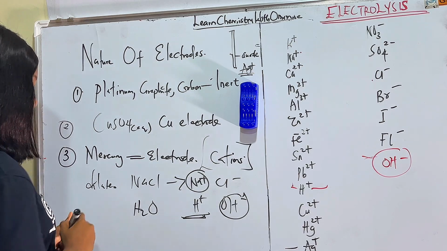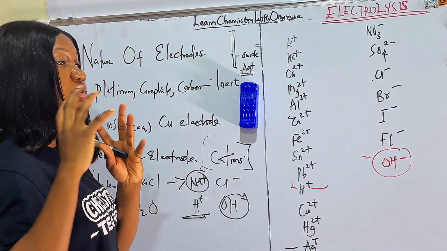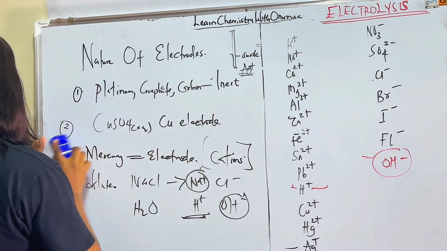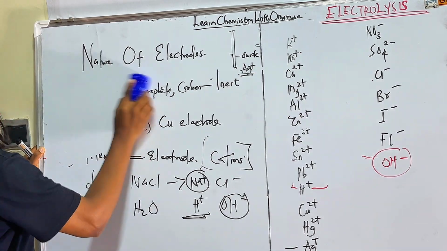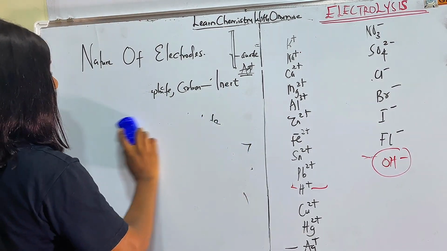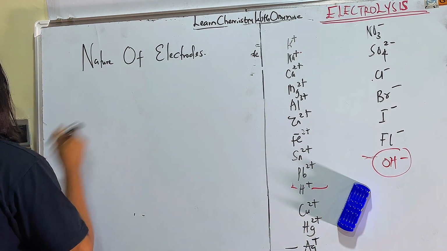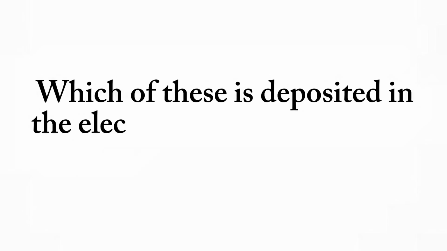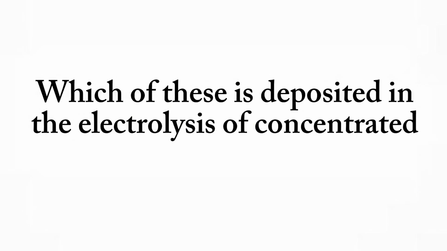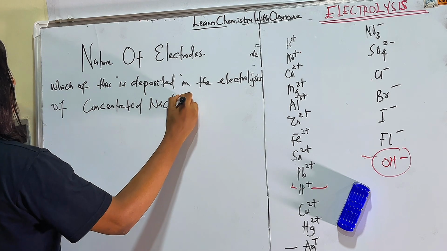Now let me ask you a question quickly to be sure you're following. So I'm just going to clean this. Which of these is deposited in the electrolysis of concentrated sodium chloride?